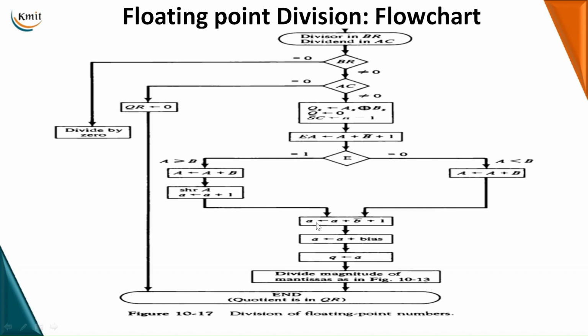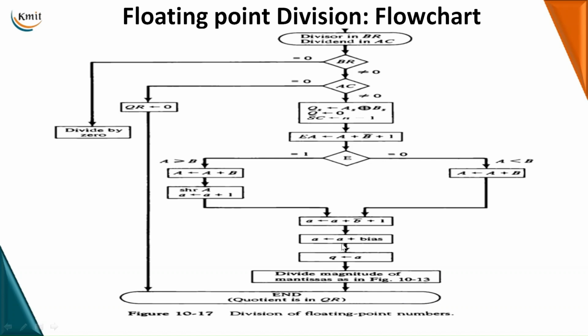The exponent of your dividend is stored in small a, whereas the exponent of your divisor is stored in small b. We perform a subtraction of small a minus b, which is implemented by a plus b complement plus 1. The result stored in small a becomes the exponent of your quotient. So you can skip this step, a plus bias.